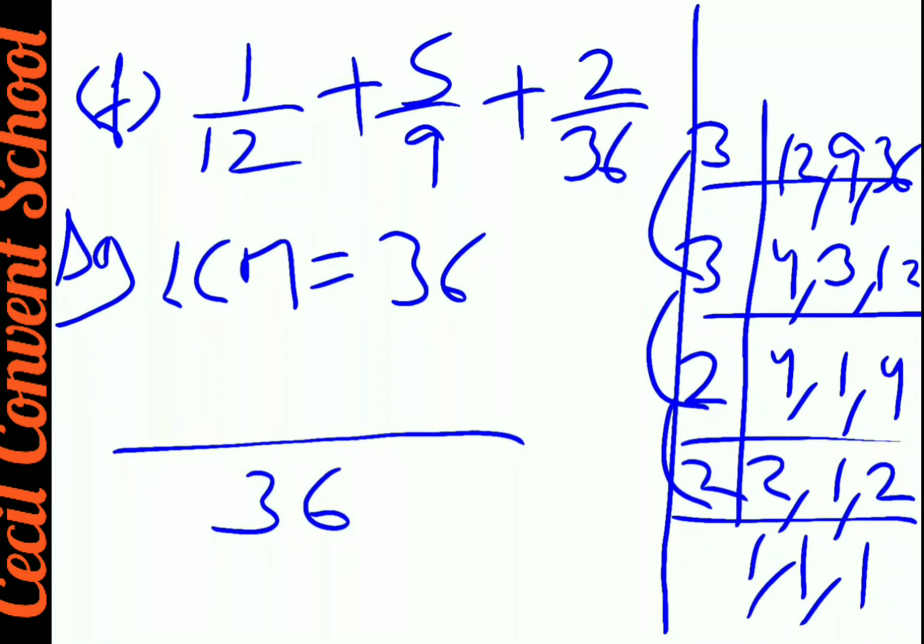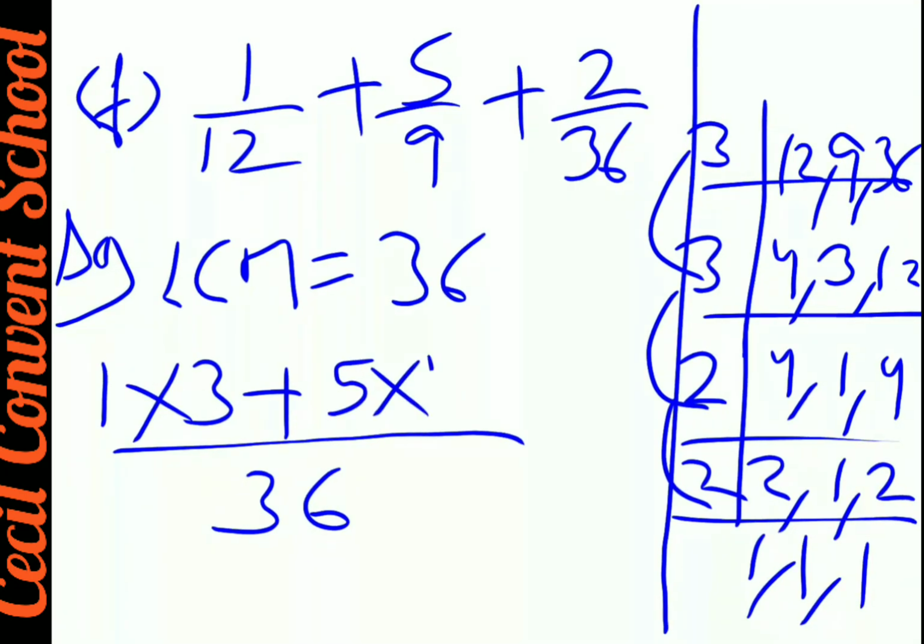Then you see, in the 12 table, 36 comes at the 3s. So 1 3s is 3, plus in the 9 table, 36 comes at the 4s. So you write 5 4s, plus in the 36 table, 36 comes at the 1s.